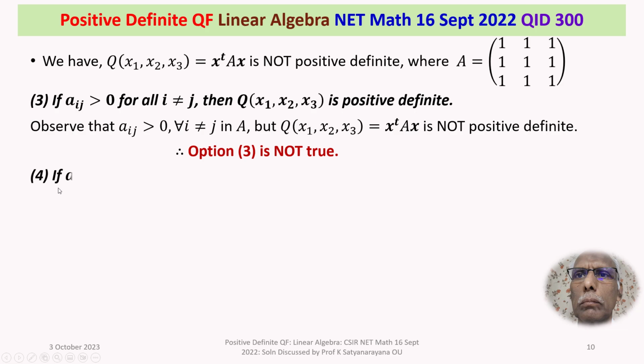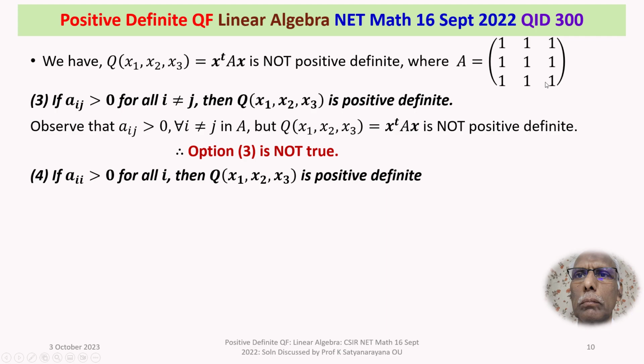Let's get into option 4. If Aii is greater than 0 for all i, then Q of x1, x2, x3 is positive definite. Now take the same matrix A and see that the diagonal entries are all positive, but the quadratic form associated with this matrix is not positive definite.